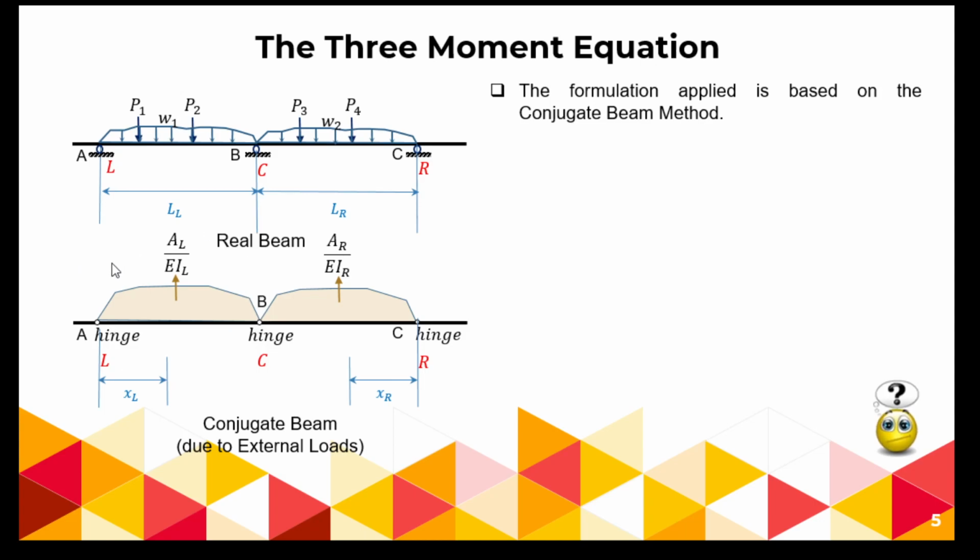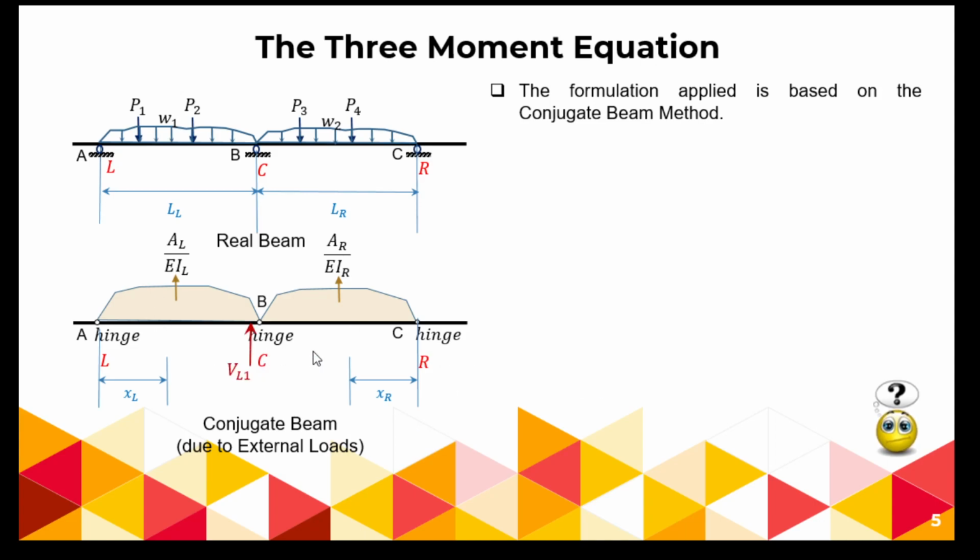So the span has this area, and the centroid is reference sa point sang aton nga left support. And ang aton nga right area here, which is our M over EI diagram, is reference sa aton nga right support. That is the centroid.